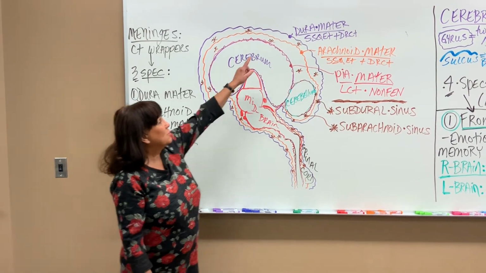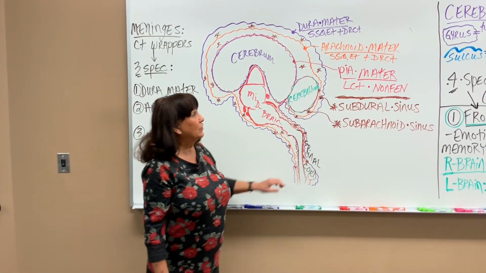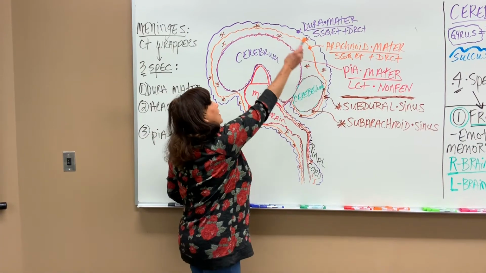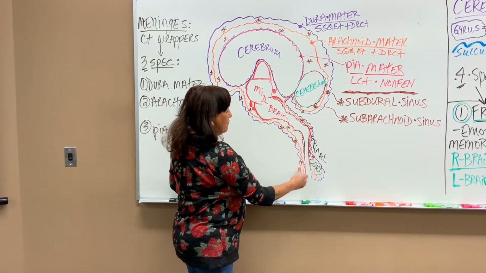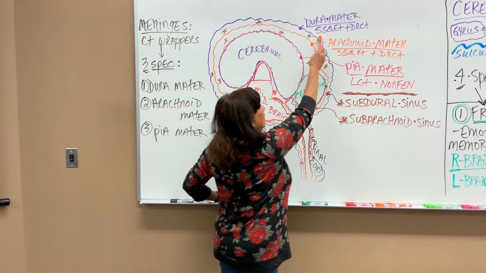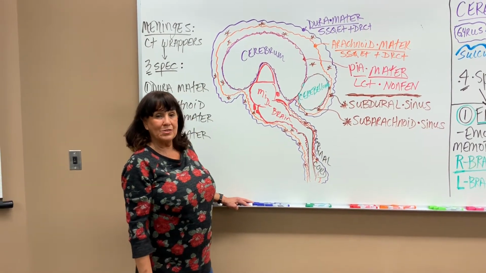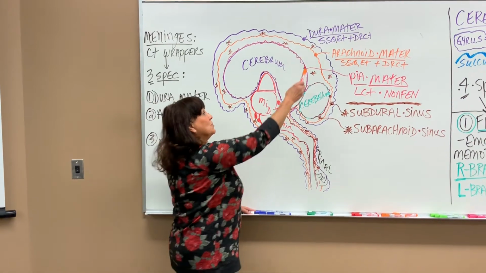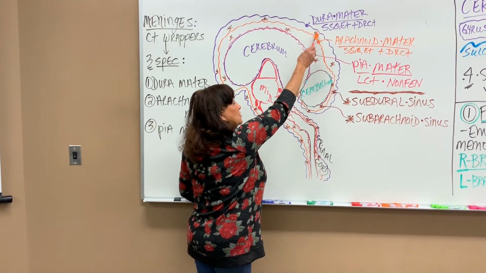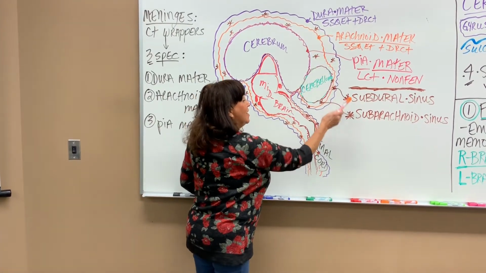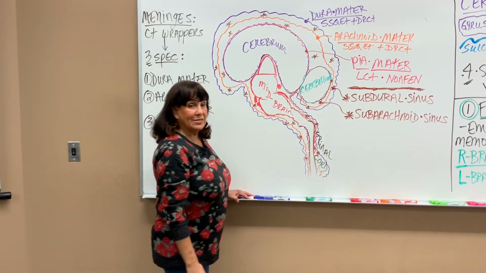So here are the specific meninges color-coded over here. And so the very outside, going around everything here, is the purple layer called dura mater. And that's going to be simple squamous dense reg CT. Then there's a little bitty space underneath it, a little brown space, and that's called the subdural sinus, okay?